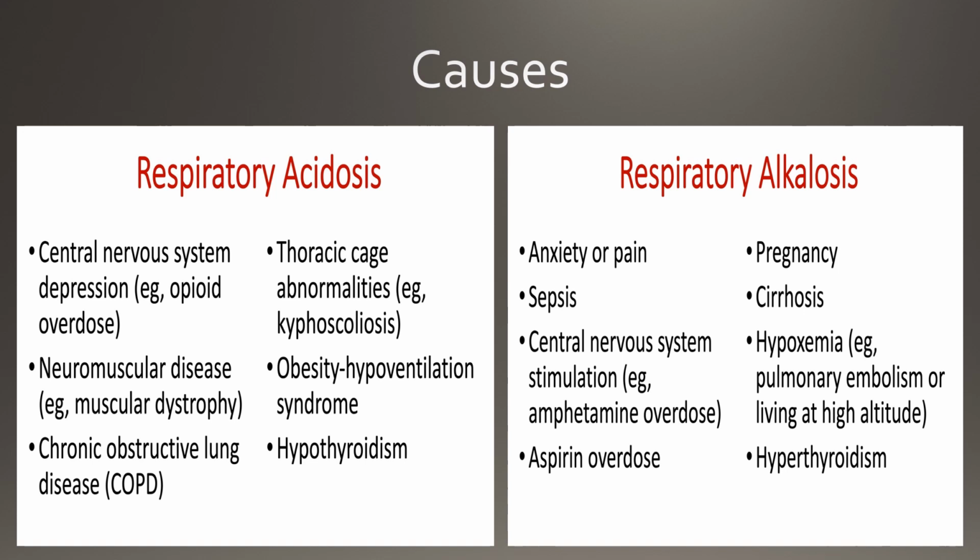Respiratory alkalosis, on the other hand, results from conditions that cause an overstimulation of the respiratory system, such as anxiety or pain, sepsis, central nervous stimulation, amphetamine or cocaine overdose, aspirin overdose, pregnancy, cirrhosis of the liver, hypoxemia, which could be from a pulmonary embolism or living at high altitudes, or hyperthyroidism.